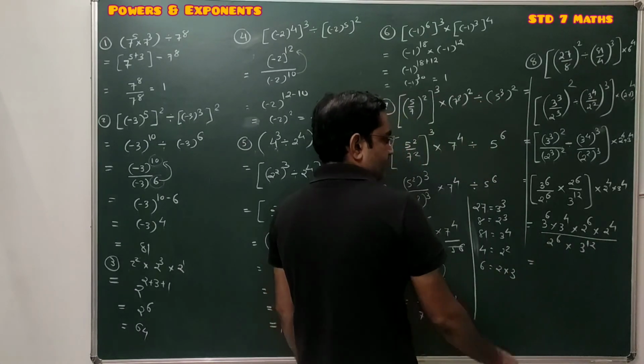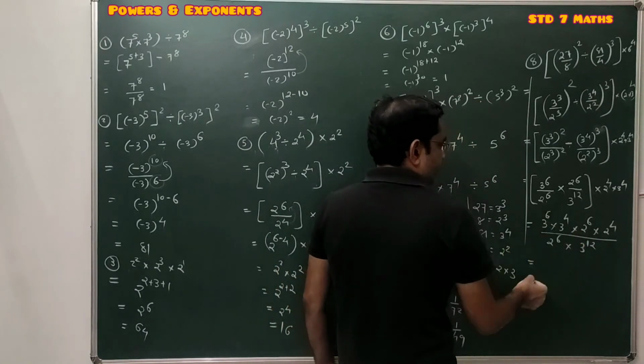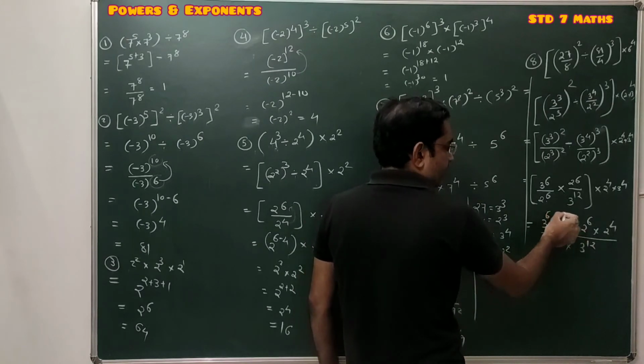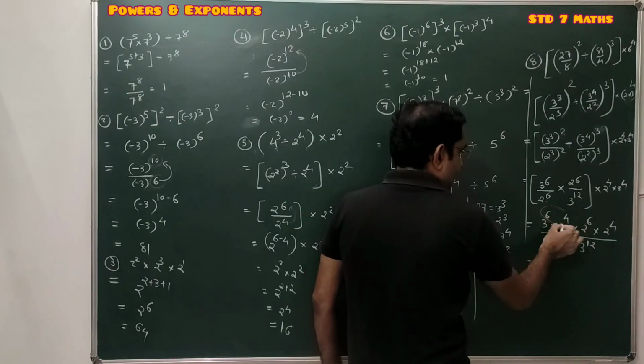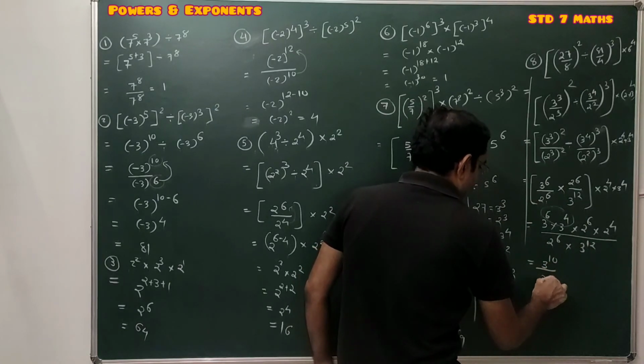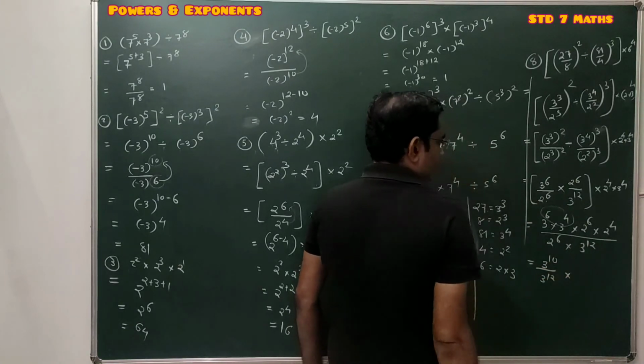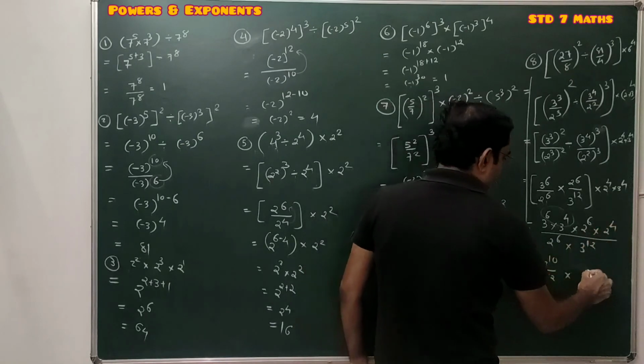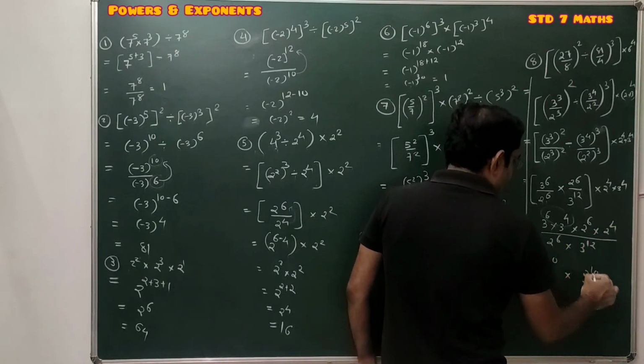For simplification, 3 raised to 6 into 3 raised to 4, the bases are equal, so perform the addition of powers. So it's 3 raised to 6 plus 4, 3 raised to 10, divided by 3 raised to 12, into 2 raised to 6 plus 4, 2 raised to 10, divided by 2 raised to 6.